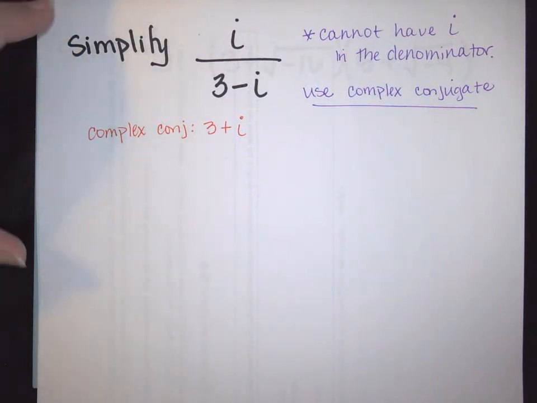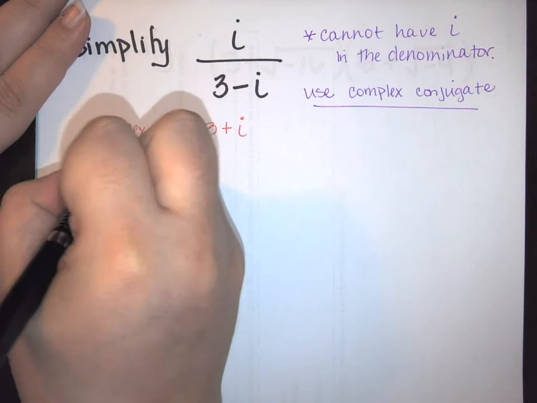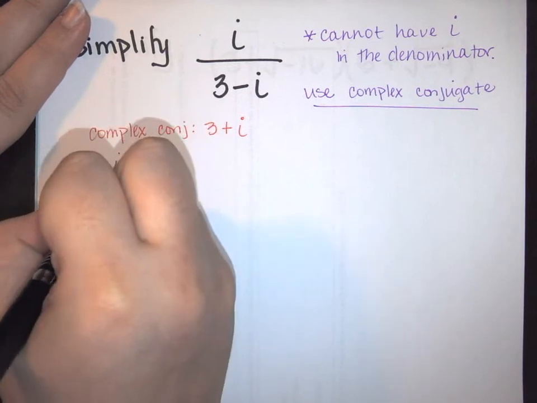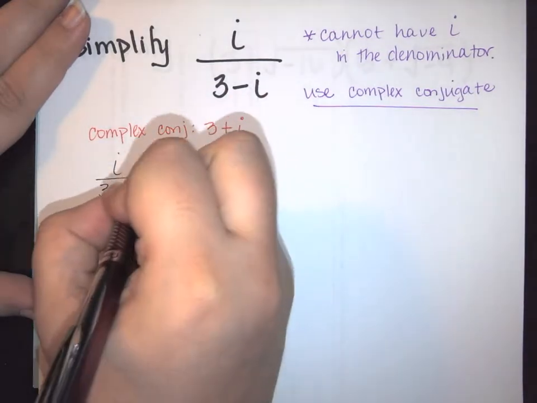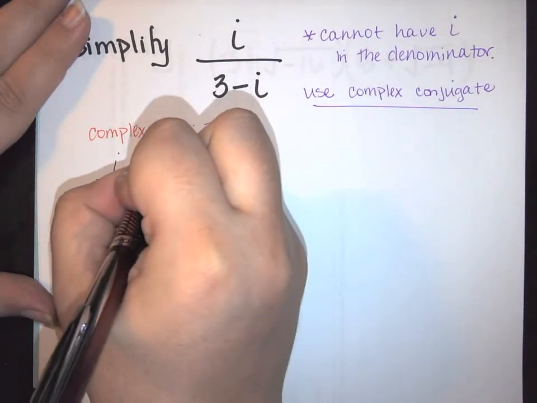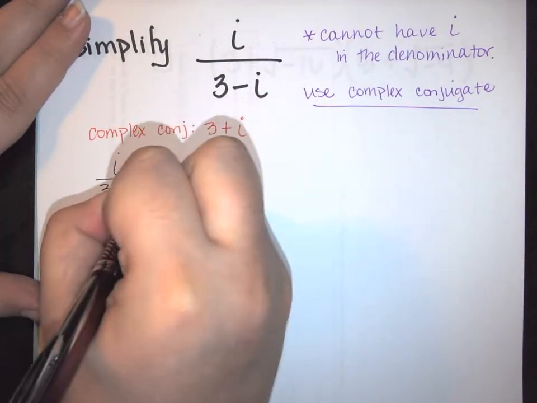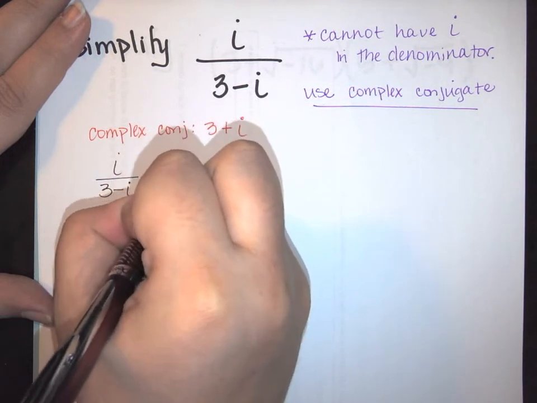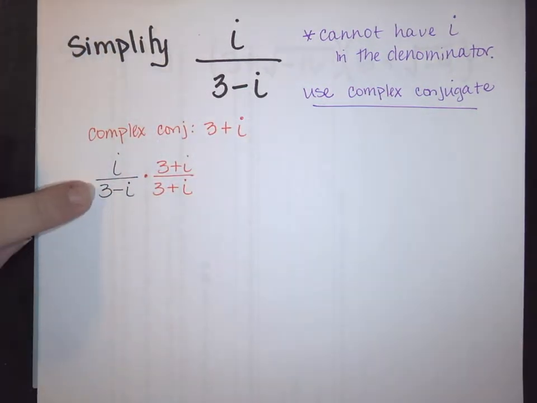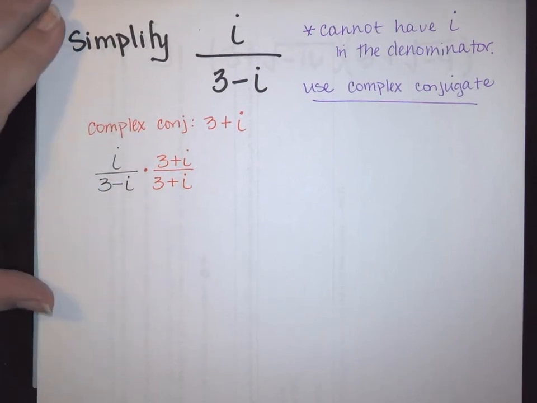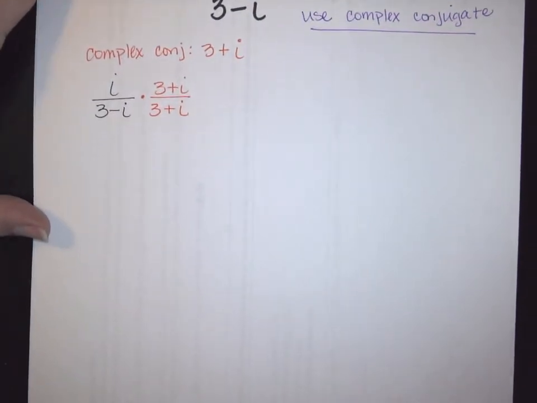So I'm going to have my I divided by 3 minus I, and I am going to multiply top and bottom by 3 plus I over 3 plus I. Now my goal is that when I multiply these bottom terms together, the I cancels out. So let's see what happens.